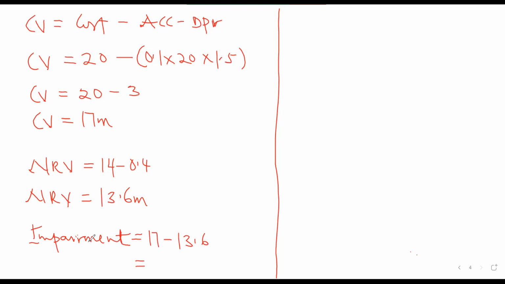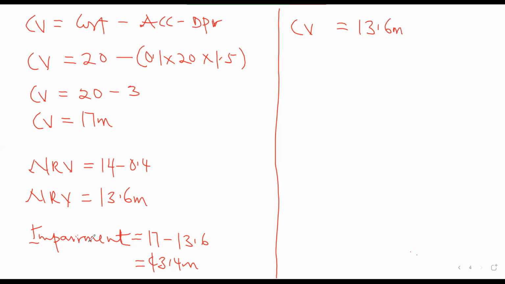What are we getting? 3.4. Okay, I'm getting 3.4 million. So the new carrying value of the asset will now be 13.6. The asset will be classified at 13.6 million.